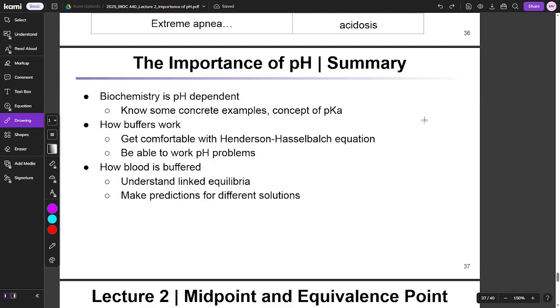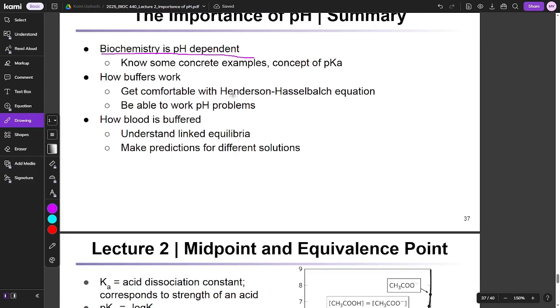So this is just a summary. pH is important. Keep that in mind. It's going to be really important for future lectures, so get comfortable with Henderson-Hasselbalch. You need to be able to work with it. It's going to show up on your test, I guarantee you. It's guaranteed to show up on your test. I'll bet you money on it.